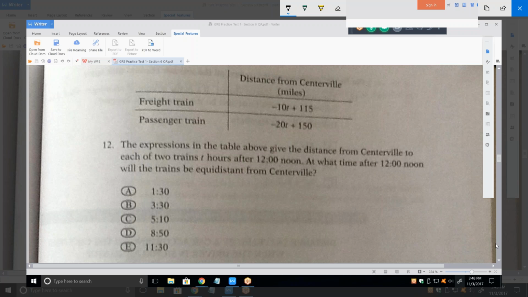What am I going to do to figure out? This is how far away the freight train is from Centerville based on time. This is how far away the passenger train is from Centerville based on time. So if I wanted them to be equal distances, what would I do? I want to know, when will the trains be the same distance from Centerville?